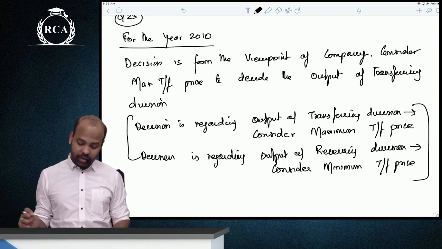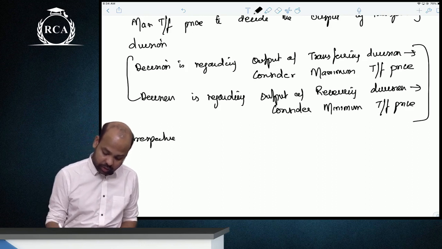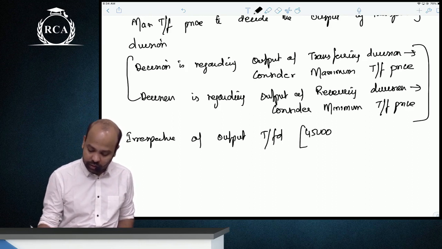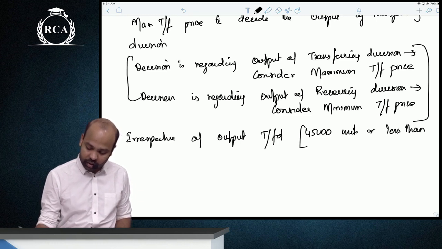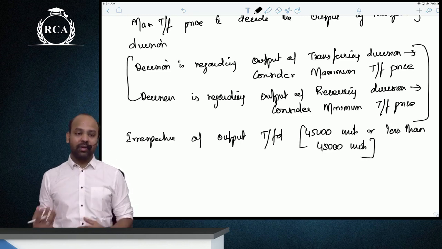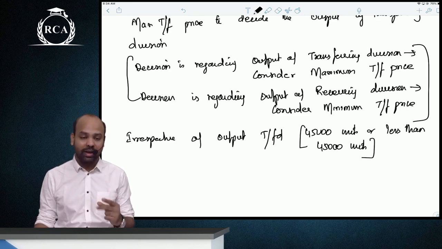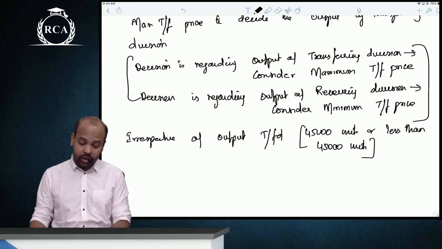So irrespective of output level, irrespective of output transferred, that is 45,000 units or less than 45,000 units. Most important point is this: or less than 45,000 units. All of these questions help us understand the concepts better. That is why I have included this, so that you can clearly understand the difference between question number 21 and 22, 22 and 23.